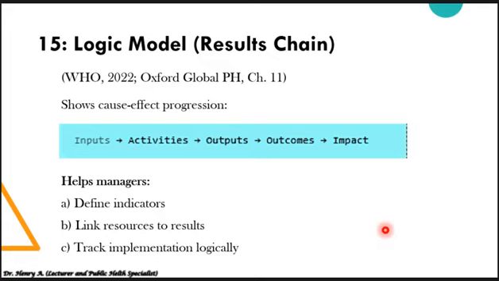Now, this output will lead to the outcome, which is a short term to medium term, and then you have the impact, which is a long term. So from input to activities, activities to output, output to outcome, and then you have the long-term impact.